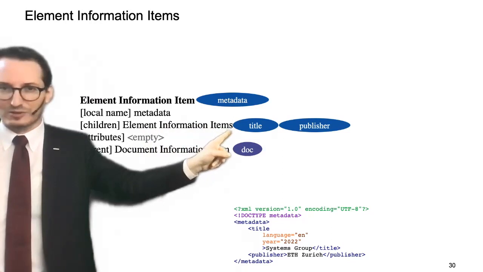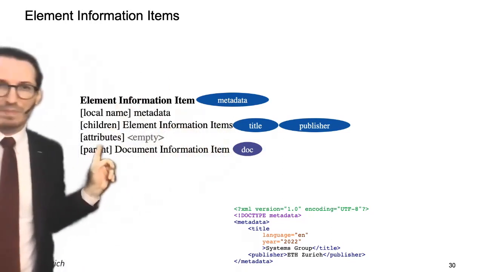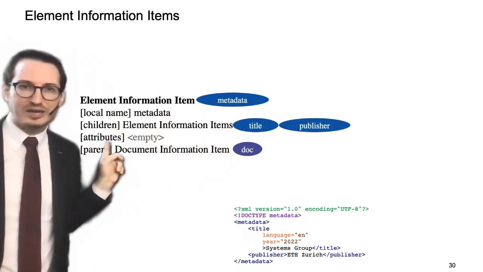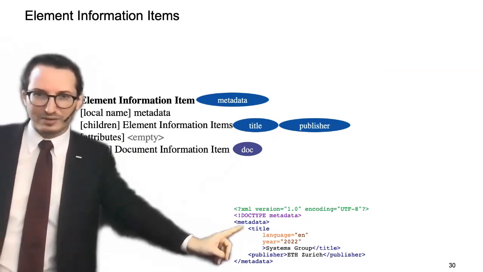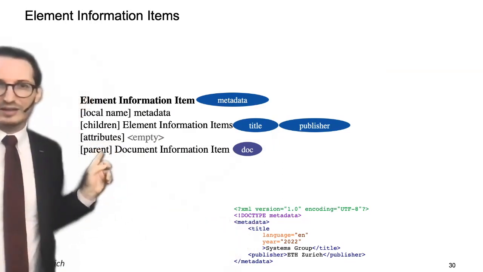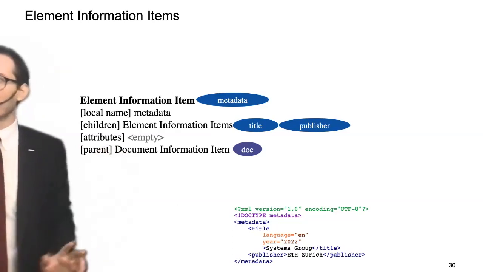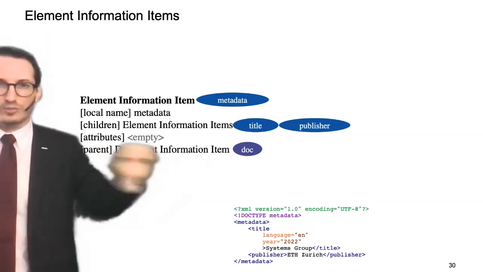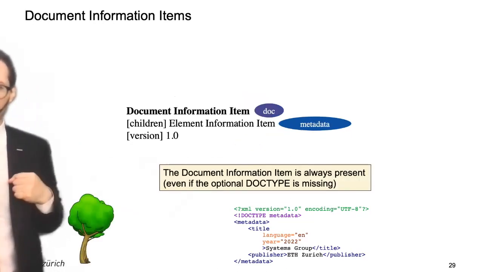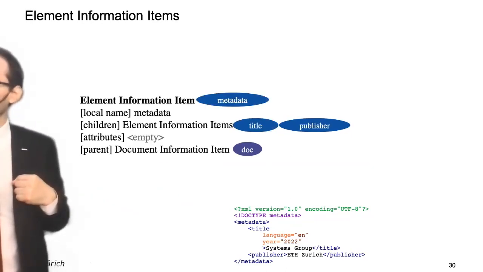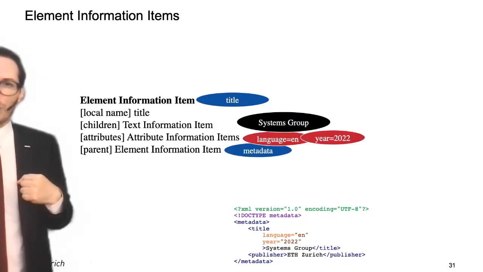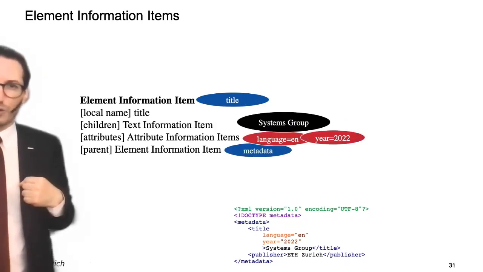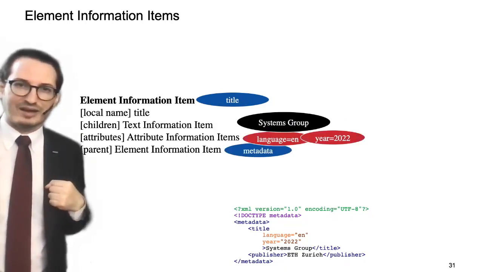We'll look at them later, so this is just pointing to them. Then you have the attributes. Well, there's nothing in metadata. And then you have the parent, because yes, you have a back pointer in XML to the parent. It points back to the document information item that we saw earlier, right? Okay, who is following?